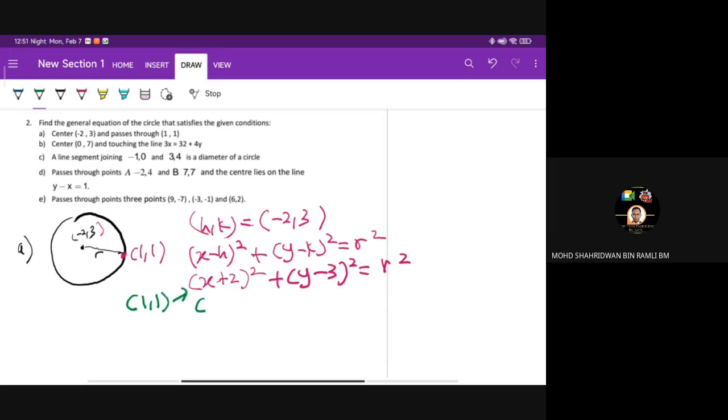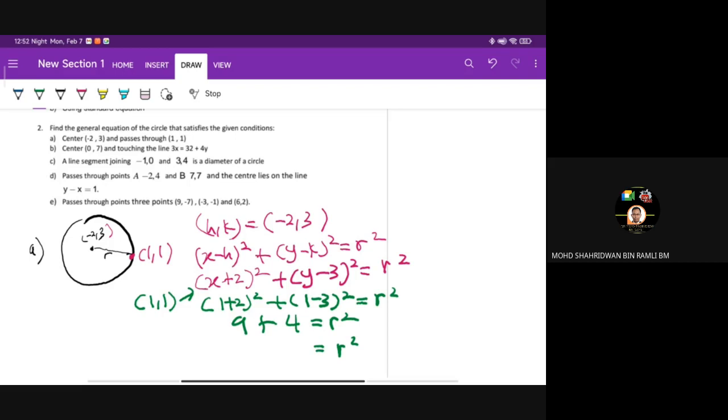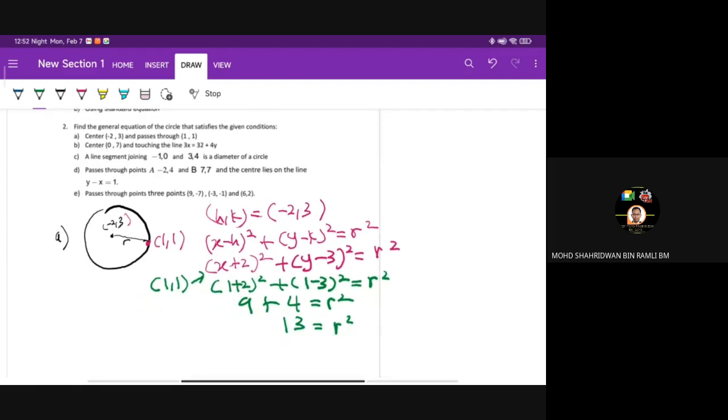So it will be (1 + 2)² + (1 - 3)² = r². So 3² is 9, plus (-2)² which is 4, so r² equals 13. Then substitute into the standard equation: (x + 2)² + (y - 3)² = 13.